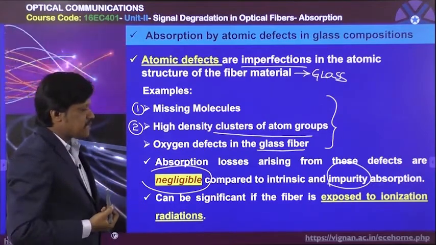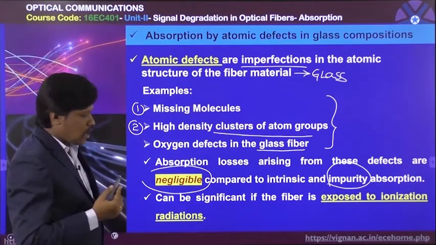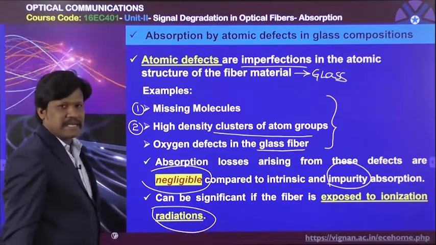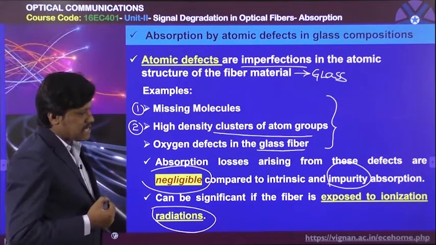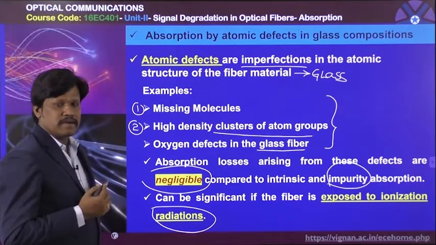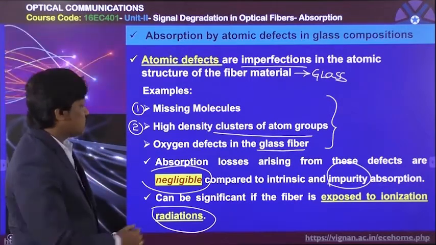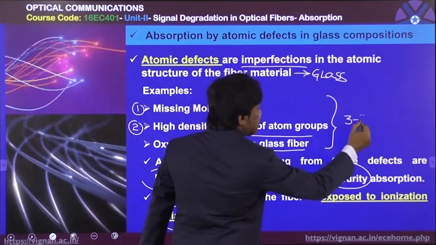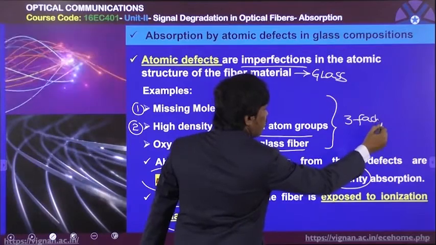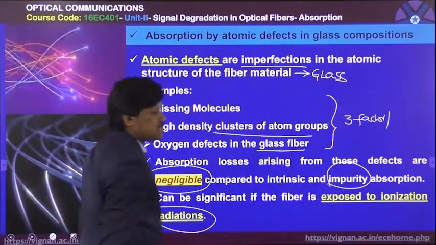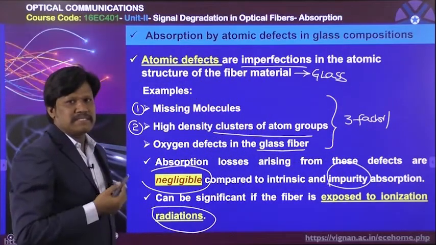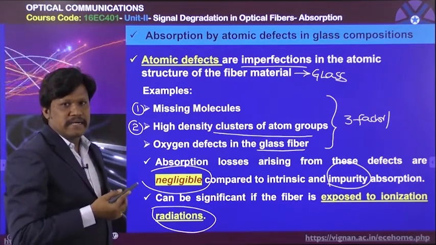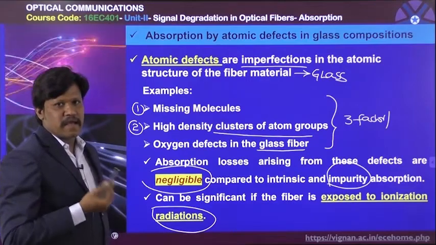They can be significant if the fiber is exposed to ionizing radiation. So these three defects do not have much impact on absorption compared to intrinsic and extrinsic absorption.